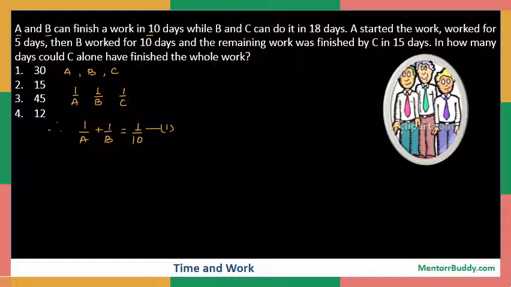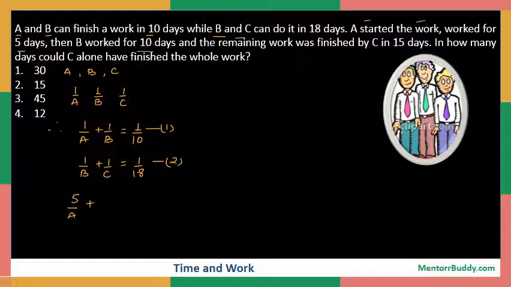Similarly, we can say this for B and C as well. B's 1 day work plus C's 1 day work is equal to 1/18. And this is my equation number 2. Now it is given that A worked for 5 days. If A's 1 day work is 1/A, A's 5 days work is 5/A.